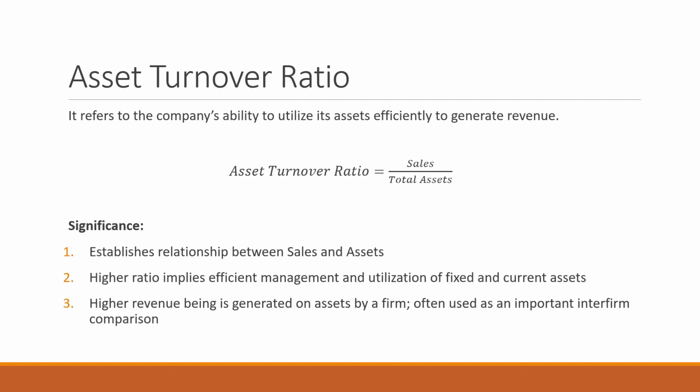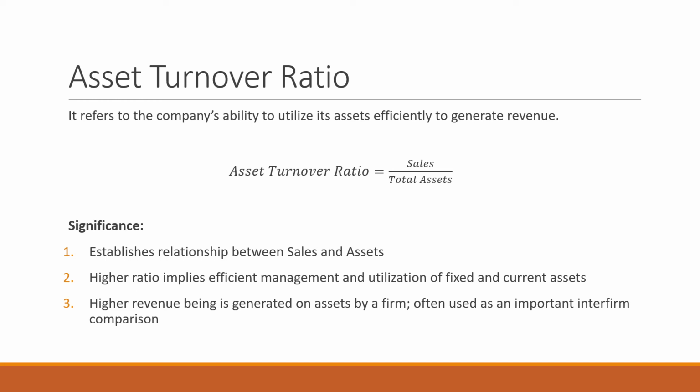Asset turnover ratio. It refers to the company's ability to utilize its assets efficiently to generate revenue. By formula, asset turnover ratio is equal to sales divided by total assets of the company. This ratio is very important because it signifies the relationship between sales and total asset utilization.